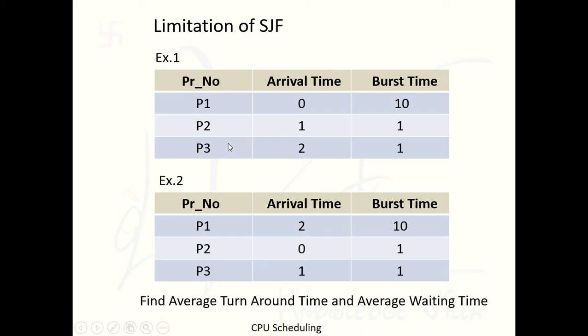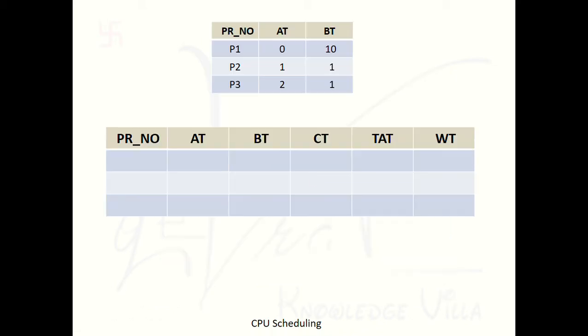For P2 and P3 the burst time is 1 time unit, and the same for example 2. The difference is in the sequence of processes arriving in both cases. Let's see how this difference in arrival time shows up in the result.